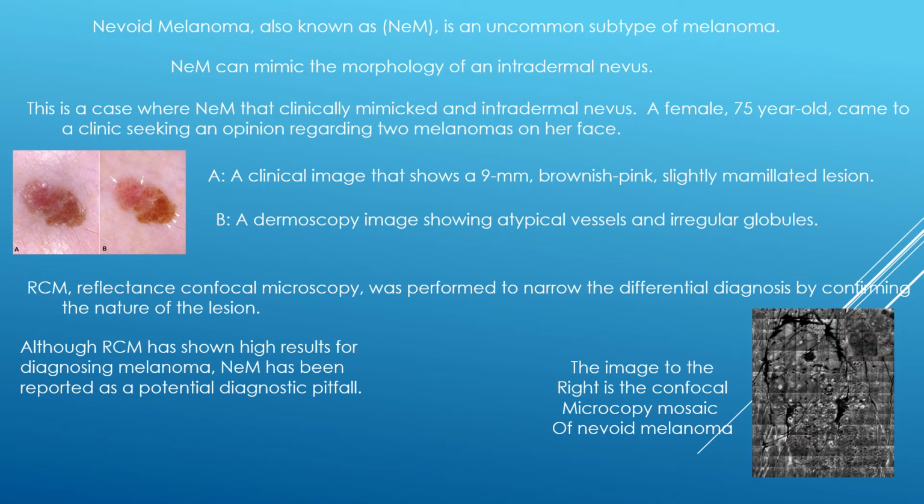On the B image is a dermoscopy image showing the atypical vessels and irregular globules. So it was showing that it was a little bit different, but they couldn't exactly see what the difference was.